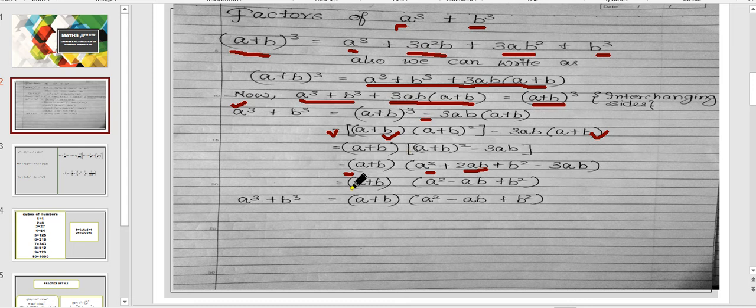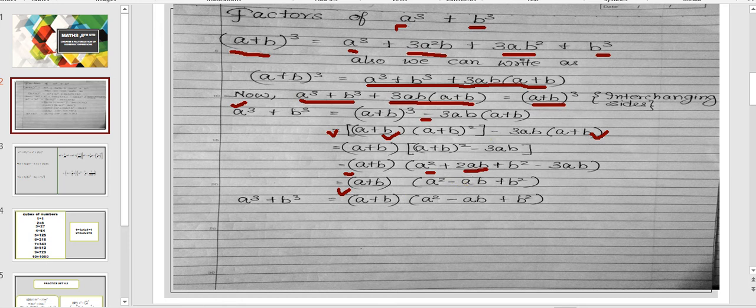And after that, inside the a plus b bracket you have to write a square minus ab plus b square. How is it coming? This 2ab and minus 3ab, right? It will get subtracted, since minus 3ab is bigger than plus 2ab, so the minus sign takes priority, giving minus ab, right?